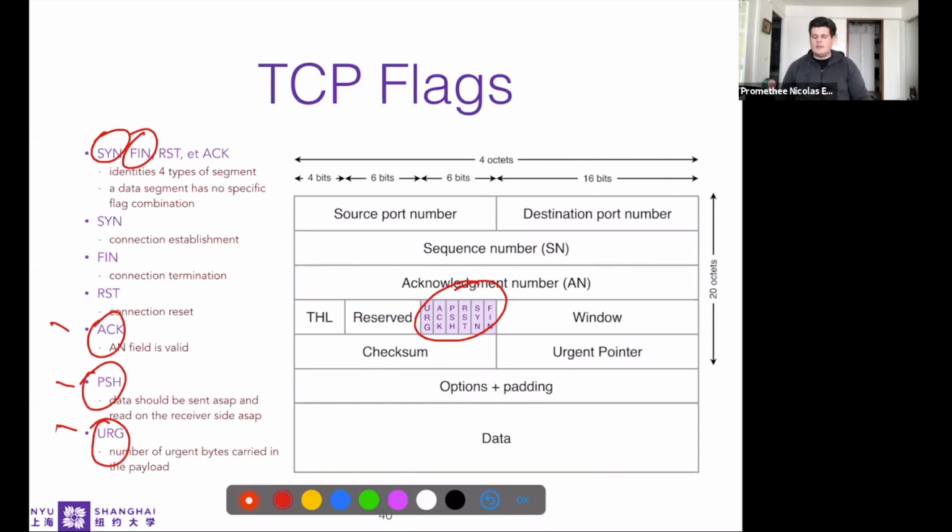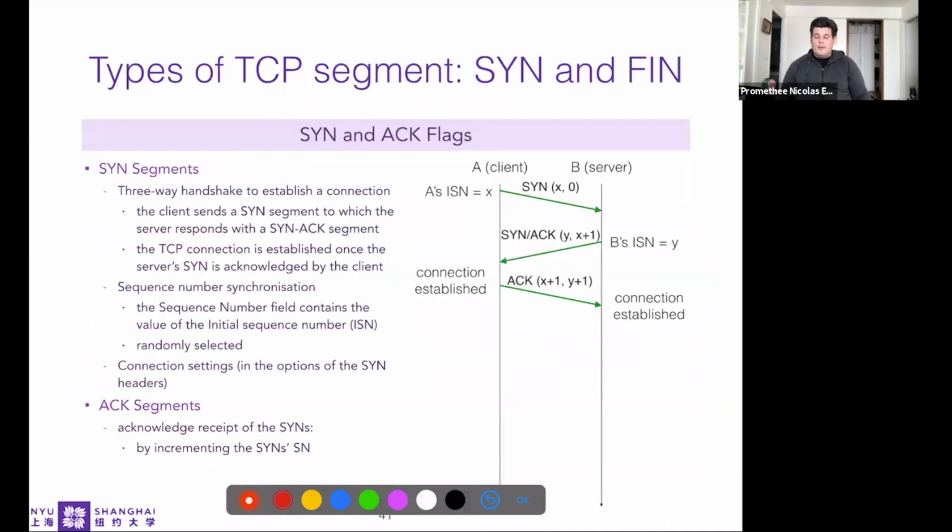So acknowledgement doesn't mean that it's empty. The only cases where the segment is going to be empty is whenever I have the SYN, the FIN, and the RST. In that case, there's no data. Those are the specific cases where I cannot have any data, which makes sense because I cannot send data before the connection is set up. Makes sense.